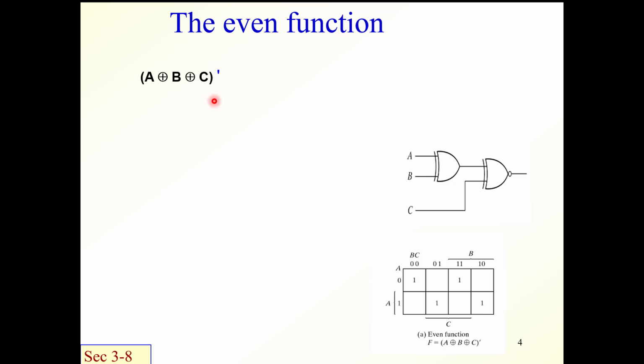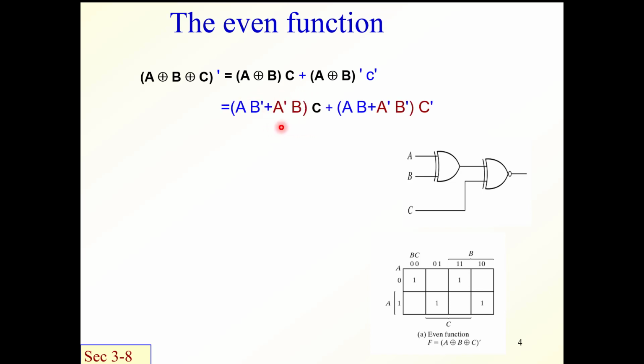This is a 3-input exclusive NOR. This is equal to this, ANDed with this, ORed with the complement of this, ANDed with the complement of C, which is this. If we expand this one here, we get this term.